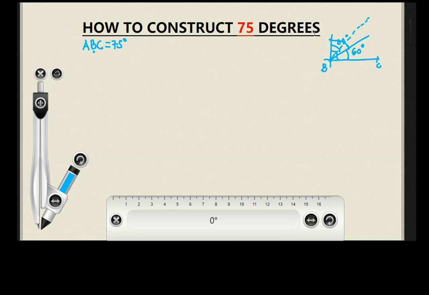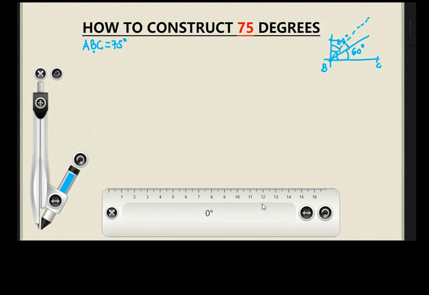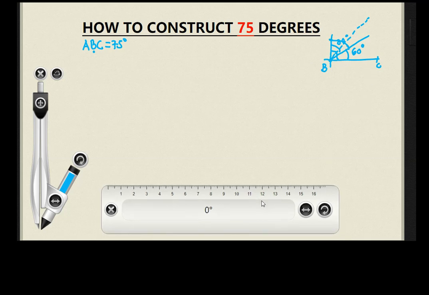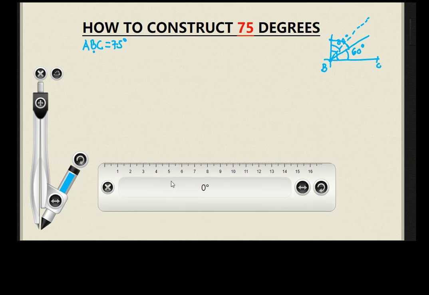So follow keenly. First, we are going to draw a straight line which will enable us construct 90 degrees. Draw a straight line like this.